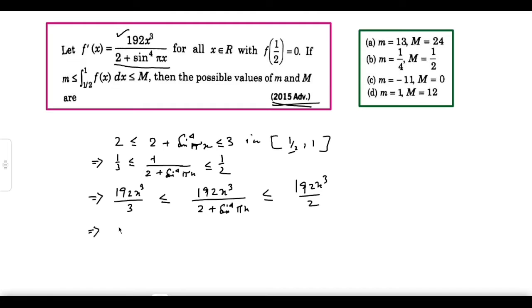This implies 64 x cube less than equal to, here given f dash x is equal to this, so we replace it by f dash x, less than equal to 96 x cube.